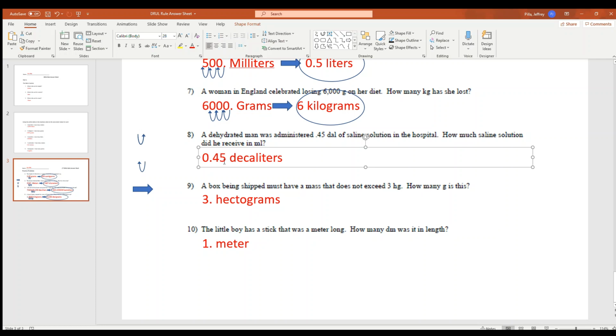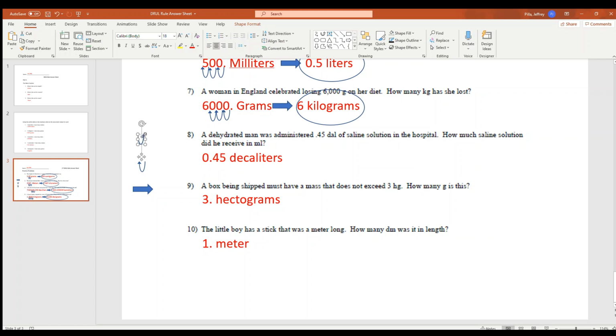According to the down, right, up, left rule, when you move down, you move your decimal place to the right. To go from deciliters to milliliters, you have to go down 4 steps. So, because we're moving down 4 steps, we have to move our decimal to the right 4 steps.